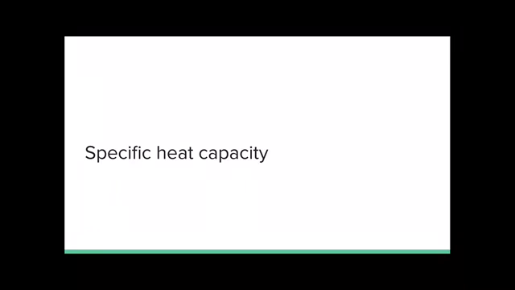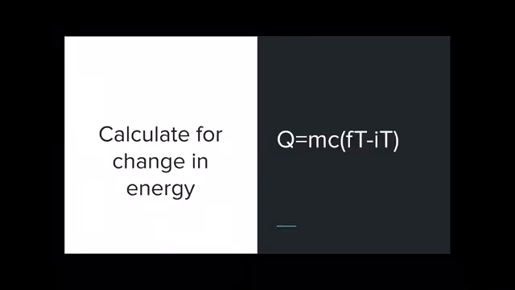Calculating the change in energy, which is heat, represented by Q, is equal to mass m times specific heat capacity with a small c times the change in temperature, which is the final temperature minus the initial temperature. We shall look at examples of that later.